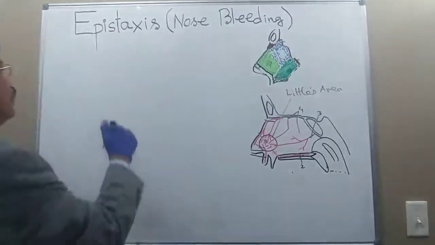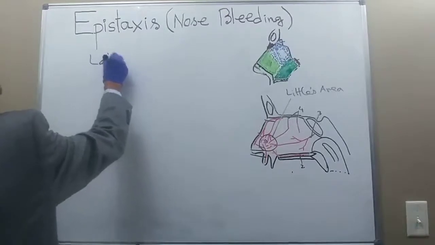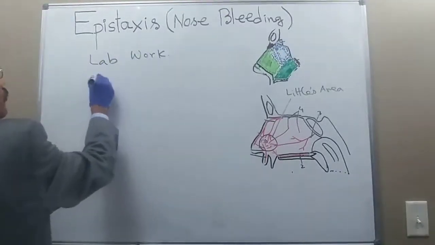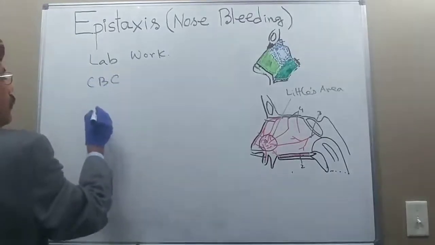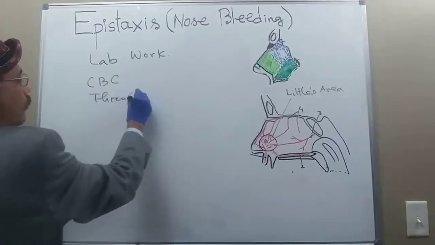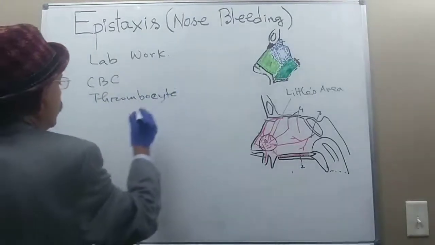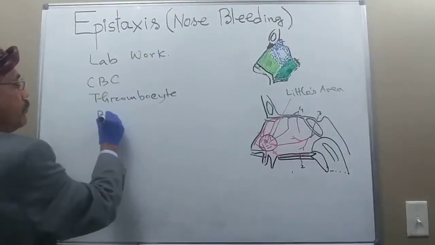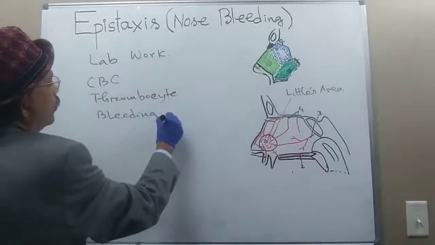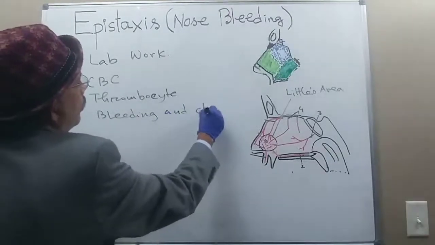Now what is the laboratory work? Lab work. We must do the CBC, complete blood count. We look for the thrombocytes, and the bleeding time and clotting time.